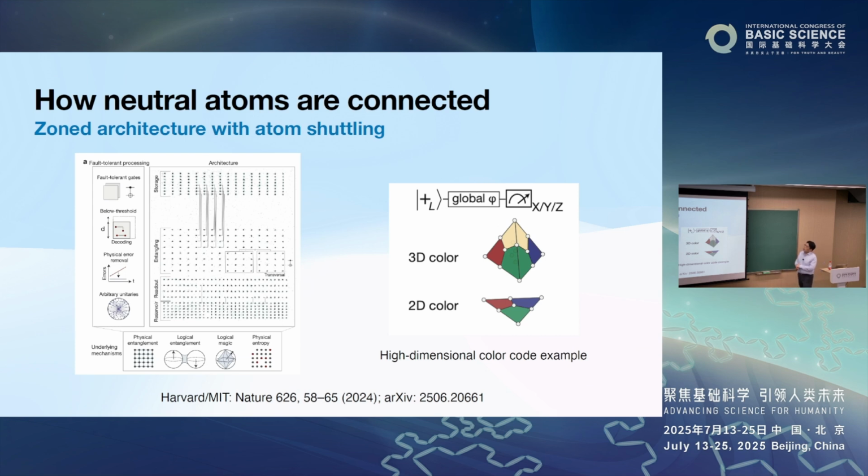With neutral atoms, it's essentially a similar idea. Previously, I showed you this so-called quantum charge coupled device, QCCD architecture.